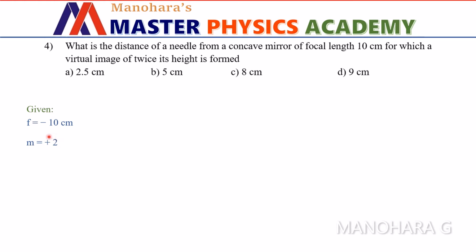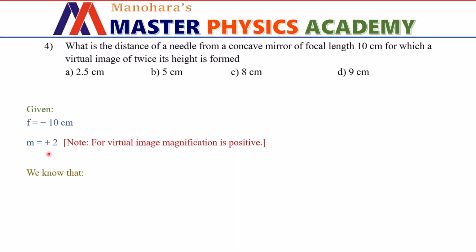How is this coming? Because it is given that the virtual image is twice the height of the object. You know that magnification is given by the formula height of the image divided by height of the object. So it is going to be +2. And since the image formed is virtual, the sign must be plus.